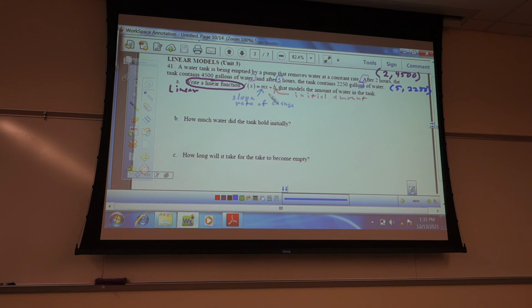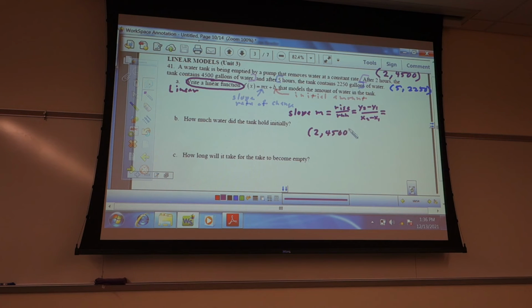So first, we need to find our slope. Remember how to find the slope? It's been a while. I guess I should show you. Slope, which is m, is rise over run. Also y2 minus y1 over x2 minus x1. The way I like to do this is I write the points out.